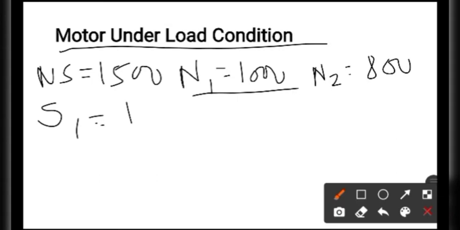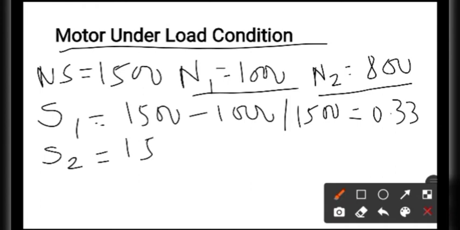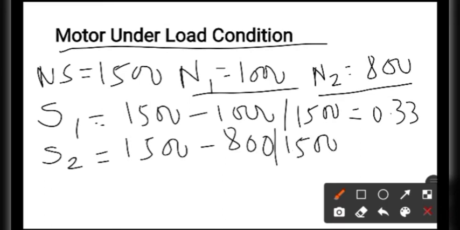The slip is calculated as 1500 minus 1000 divided by 1500. So in this case the slip is 0.33. In the second case S2, we consider rotor speed as 800 rpm, then 1500 minus 800 divided by 1500, and we get the slip of the induction motor as 0.46.